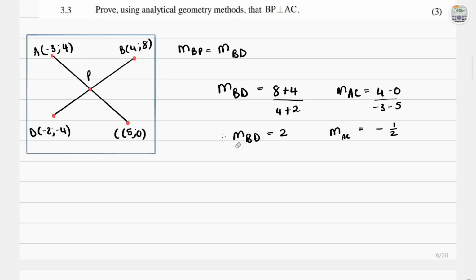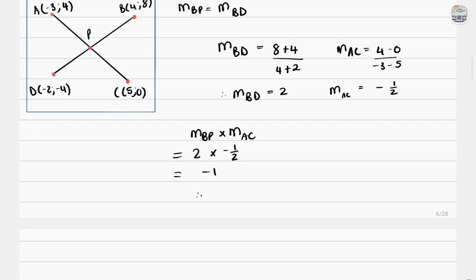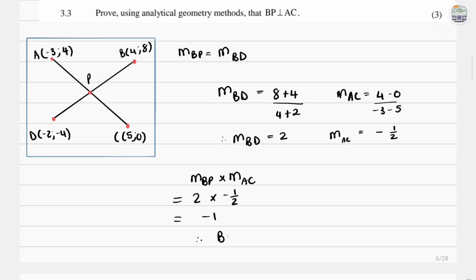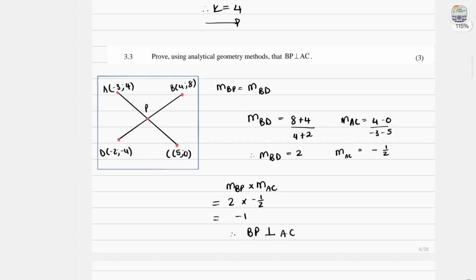When we take the gradient of BP, because that's the same thing as the gradient of BD, multiplied by the gradient of AC, let's see what they give us. That is 2 times -1 over 2, which is indeed equal to -1. So therefore, that concludes that BP indeed is perpendicular to AC. And that is our answer.